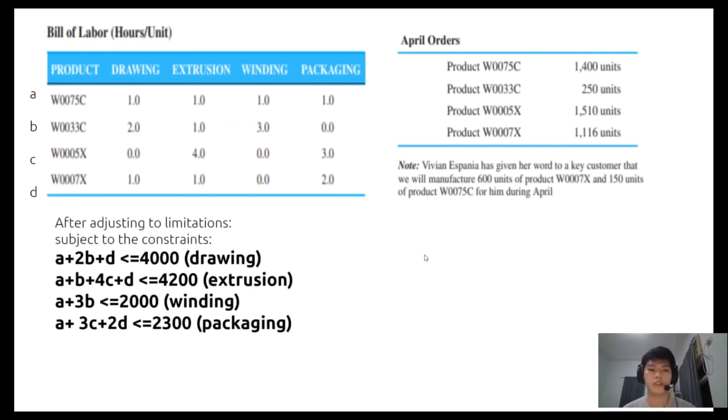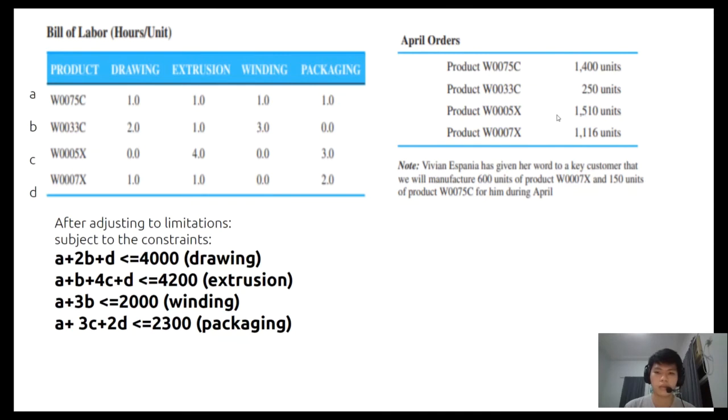After adjusting to limitations, the subject to constraints are, for drawing, we have product A, B, and D. There's no product C because, as you can see, for the bill of labor, it's 0.